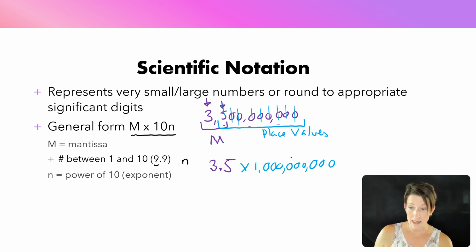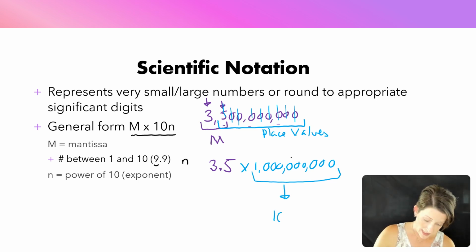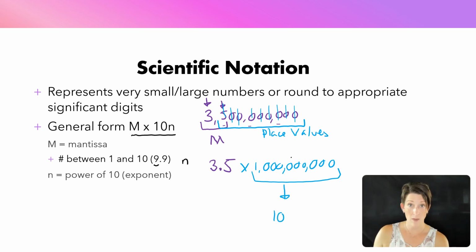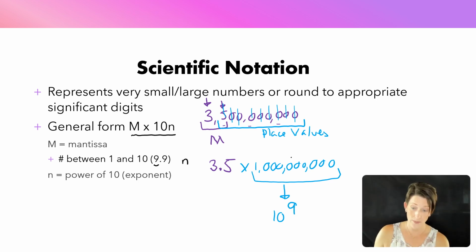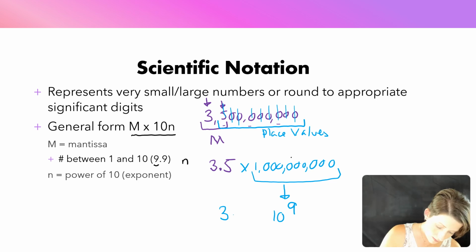That again is tedious. So what we can do is turn this into the power of 10. So we have a 10, and then we count how many zeros there are. There are 9 zeros, so 10 to the 9th. Therefore, our number is 3.5 times 10 to the 9th.